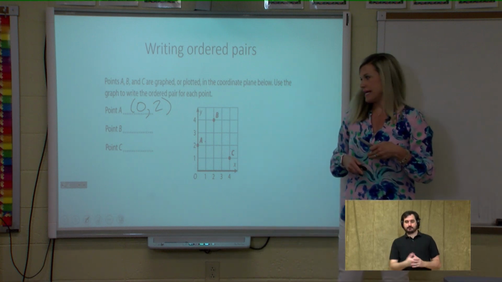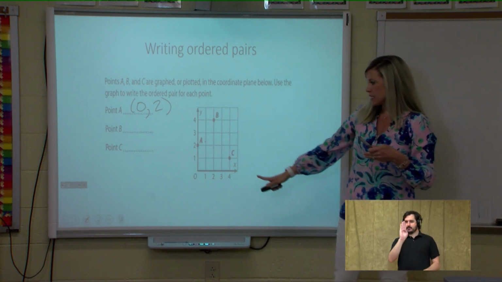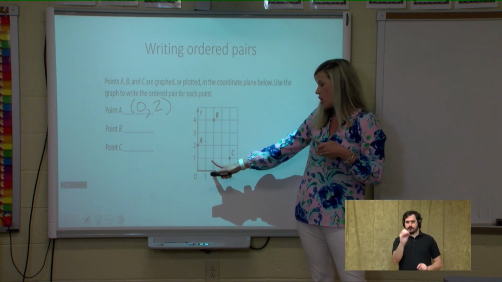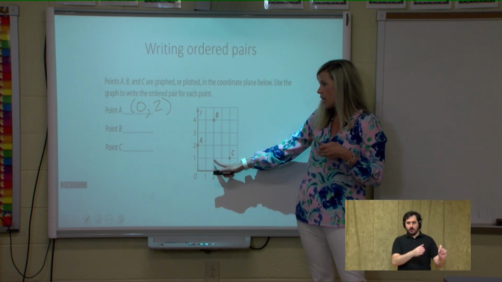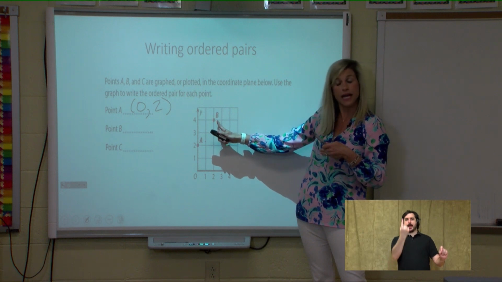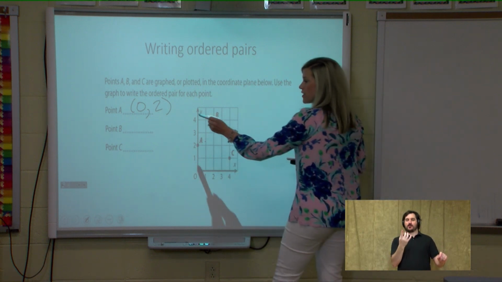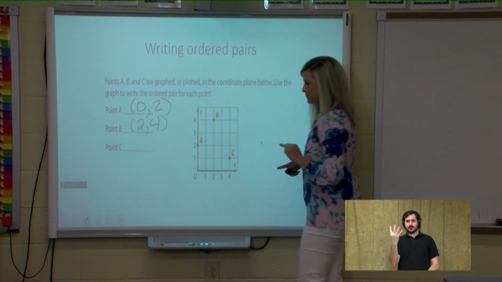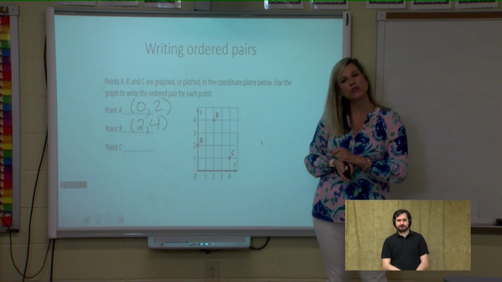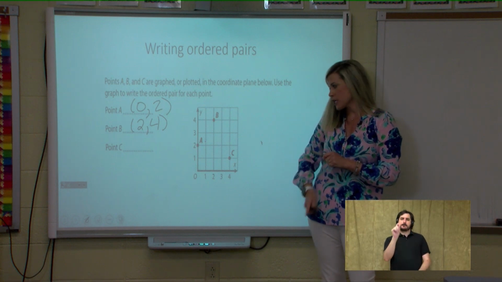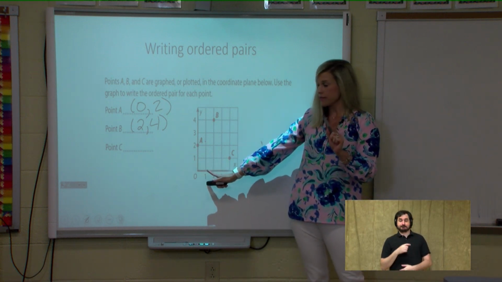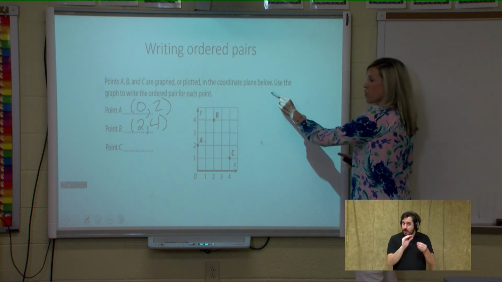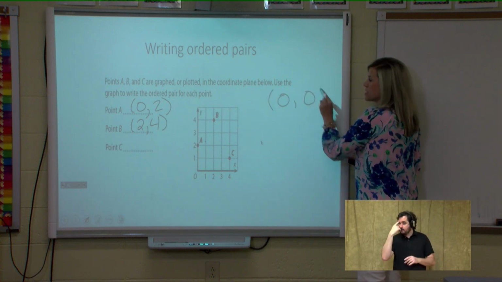What about point B? Take a look at the origin. Over 2, up what? Yeah, that's right, it's 4. So the ordered pair is 2, 4. And then what about point C? Looking at the origin, and remember that the X and Y coordinates for the origin are 0, 0.